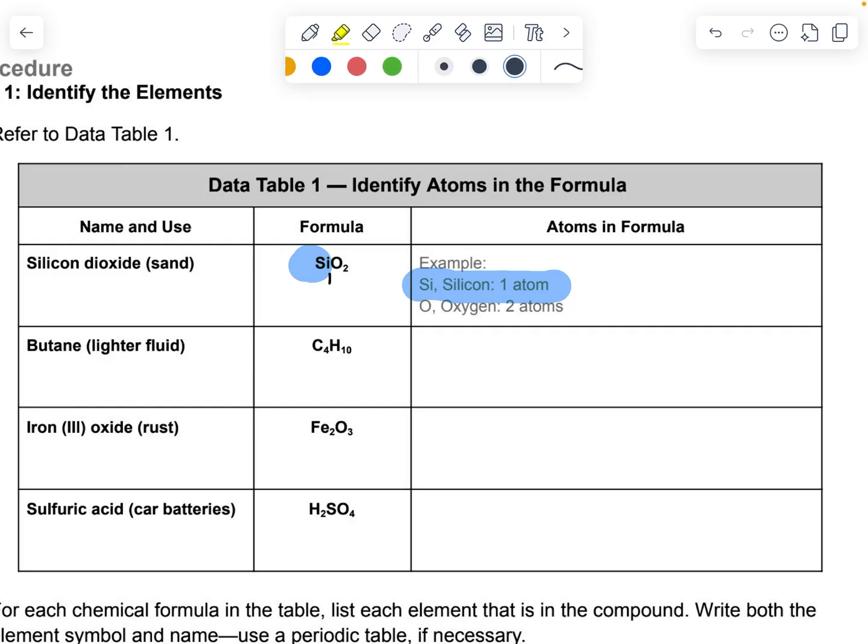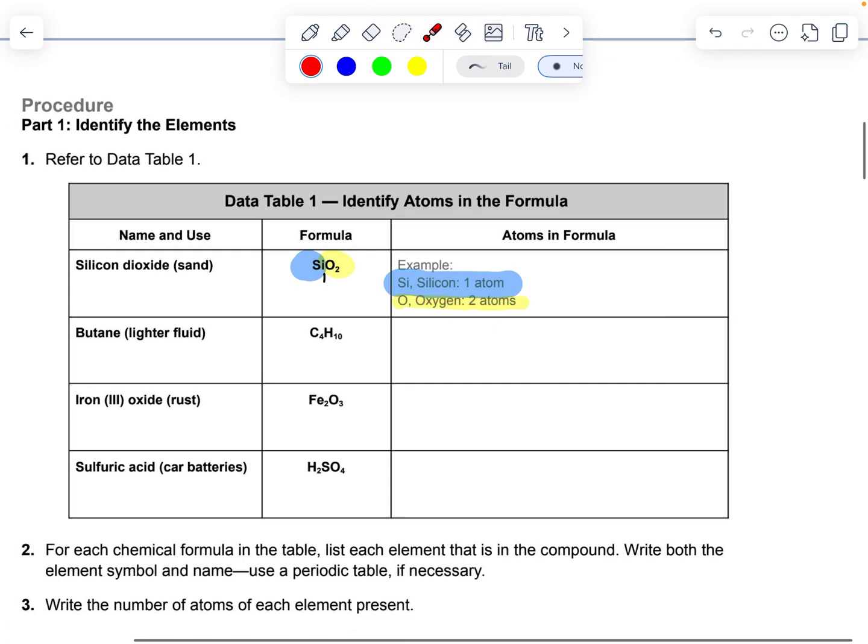Then oxygen, that O2 there. Oxygen is the element, our element name is oxygen, and I have 2 atoms because of that subscript of 2 on the oxygen. And just as a reminder, if anything doesn't have a subscript, that means it's a 1, but we don't write out the 1s because scientists are lazy with that.